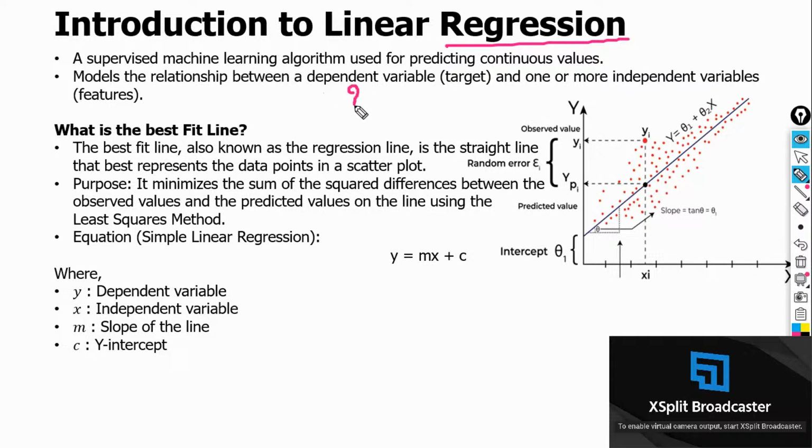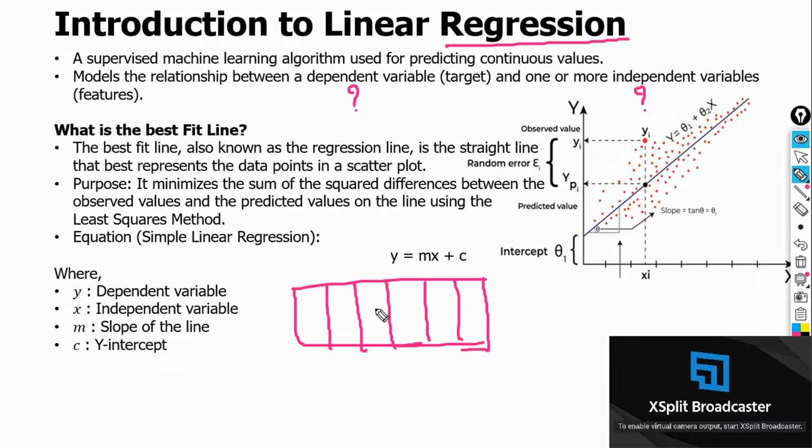Question: what is a dependent variable and what are independent variables? I'll take our data set: X1, X2, X3, X4, X5, and this is Y. What does X indicate, friends?